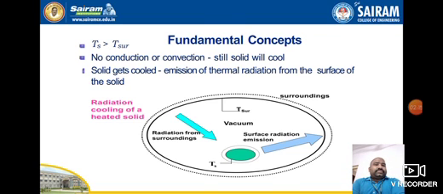So the fundamental concept: the surface temperature of the body is greater than the surroundings' temperature. Okay, and there is no conduction or convection. Still, the solid will cool, and the solid gets cooled by emission of thermal radiation from its surface. Here, in the figure, you can see the surface of the body at a temperature with surface radiation emission.